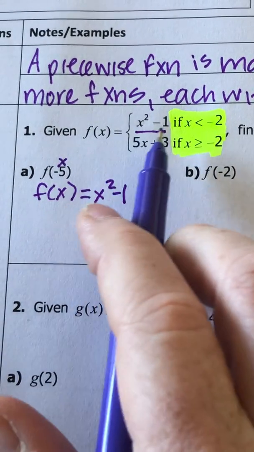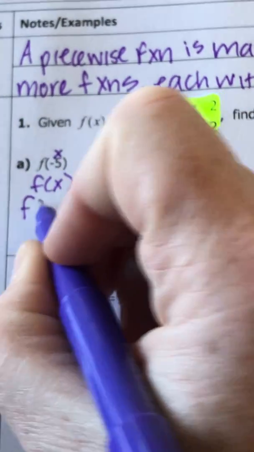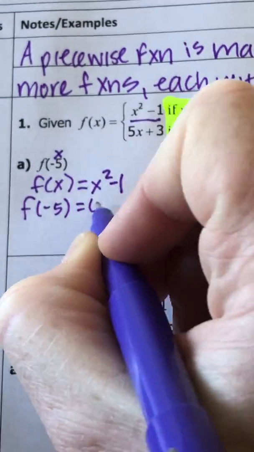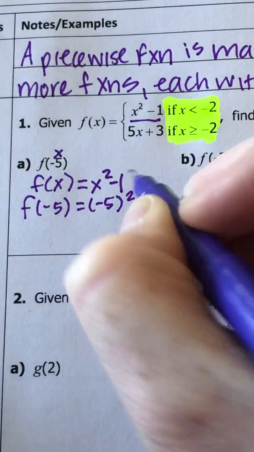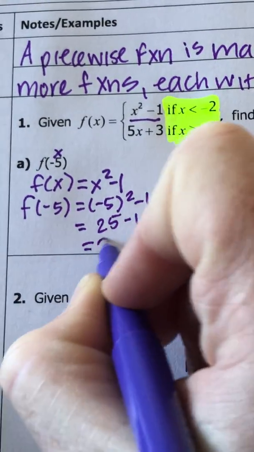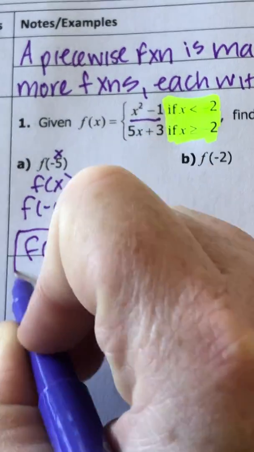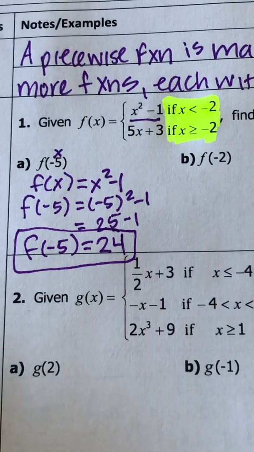It's going to fall in that part of the piecewise function. So now f of -5 is going to be -5 squared minus 1, which is 25 minus 1, 24. Okay?